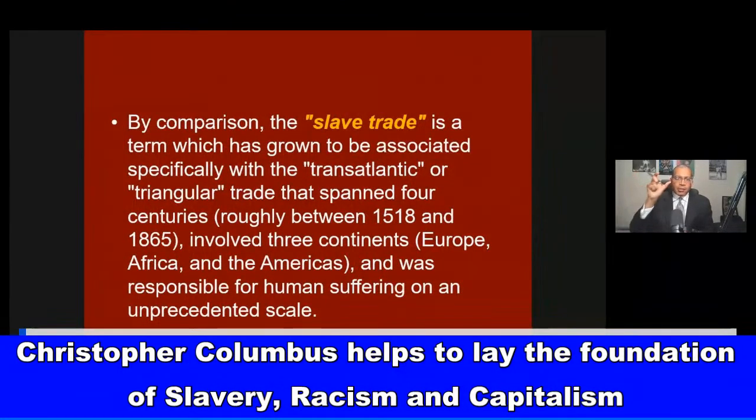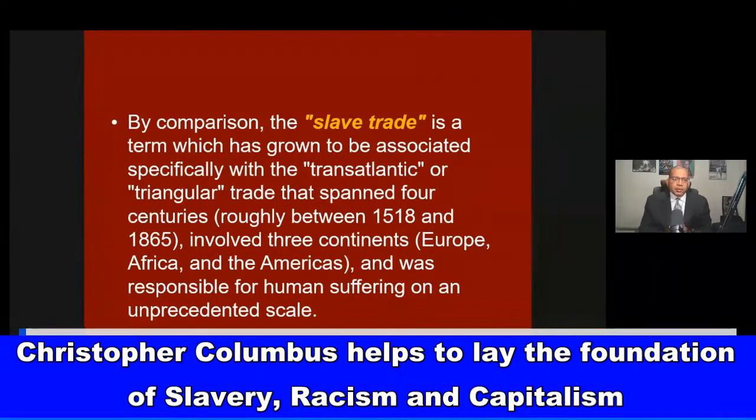By comparison, the slave trade is a term which has grown to be associated specifically with the transatlantic trade or the triangular trade that spanned centuries, roughly 50. It goes back to 1441, but some people put it at 1518 because that deals with the Asiento de Negros of August 1518, signed by King Charles V of Spain, which drastically expands the transatlantic slave trade and increases the need for enslaved African labor.